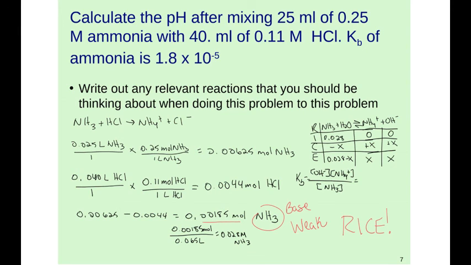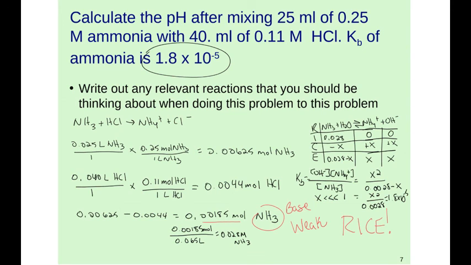So we have x squared divided by 0.028 minus x. We're going to avoid the quadratic. We're going to assume that x is much, much less than 0.028. So we can say that this is x squared divided by 0.028, and that's equal to our Kb, and we know that Kb given in the question is 1.8 times 10 to the negative fifth.